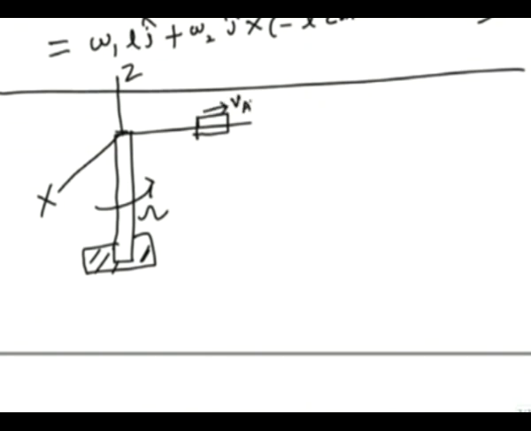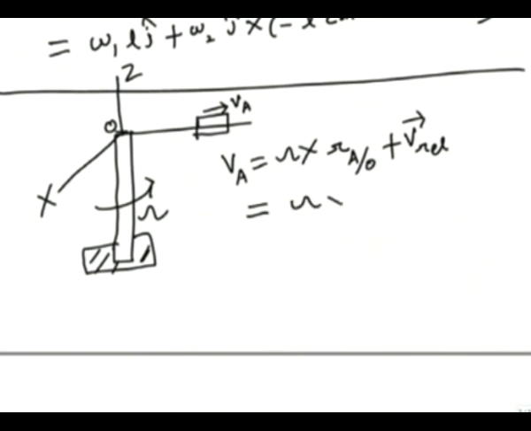Then the relative velocity of this is VA equals omega cross RAO plus VL, that is omega cross R times J, this is y direction, plus VL.